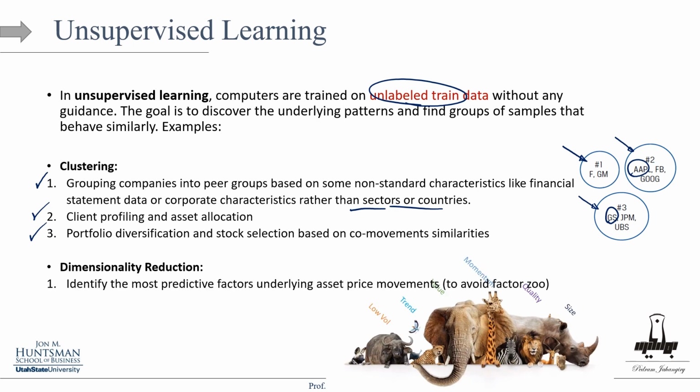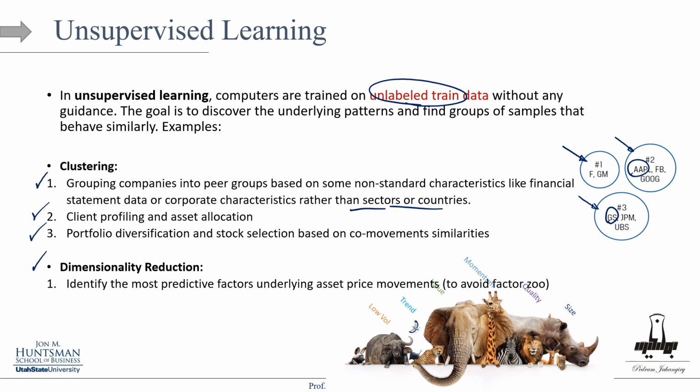Another type of unsupervised learning method that we use is called dimensionality reduction, right? And as the name suggests, we usually use dimensionality reduction to reduce the dimension of the data set. So sometimes, especially in finance, when you want to come up with some features in order to predict the stock market return, there are hundreds of them, and if not exaggerating, thousands of features out there, right?